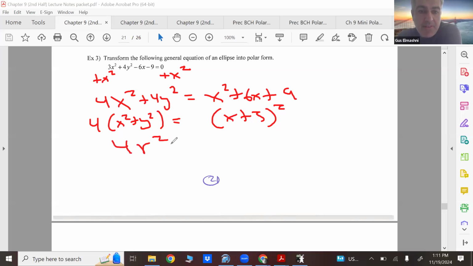Yes, correct. I just wonder if that's the right approach. Actually, before I do that, what do you think I should do to both sides, guys? Definitely square root. Yep.